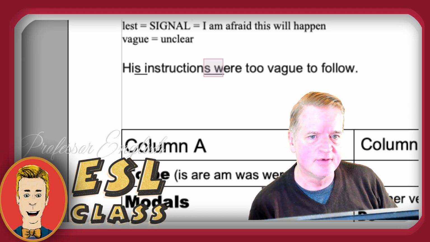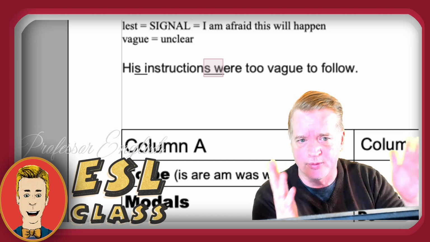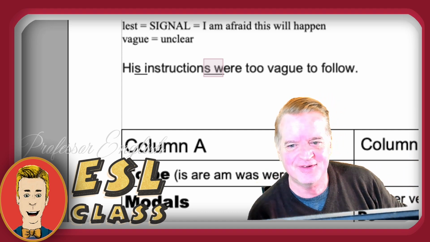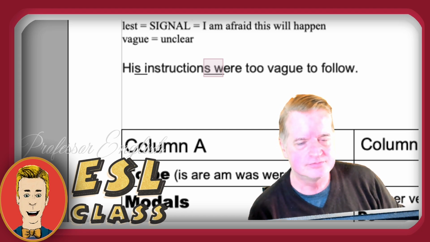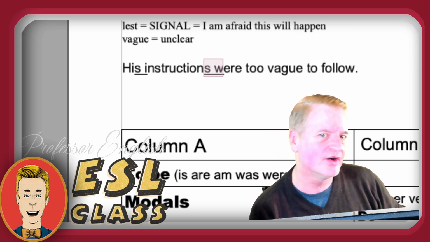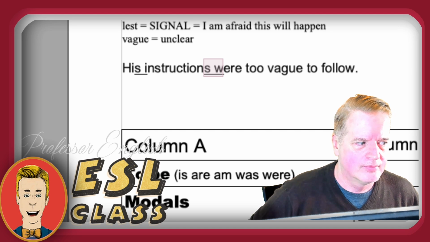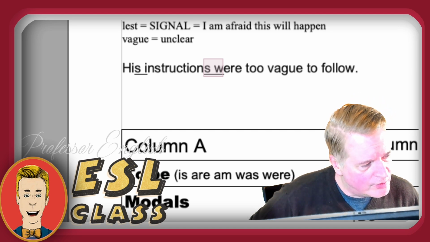Can you say it like that? Try to stretch it out a little more. Relax and say "too". Let it go for a while. His instructions were too. Pachu, can you say all of those words together? Okay, so his instructions were too.